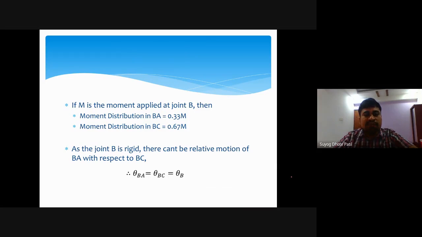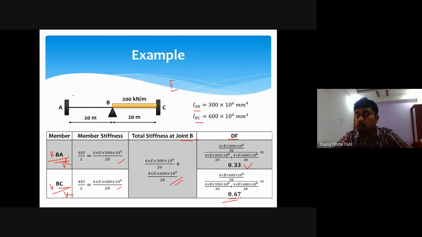Now, if a moment is applied at joint B, what does the distribution factor show? Just remember what it shows. If a moment is acting at joint B, then 33% of it contributes towards beam BA and 67% towards beam BC.